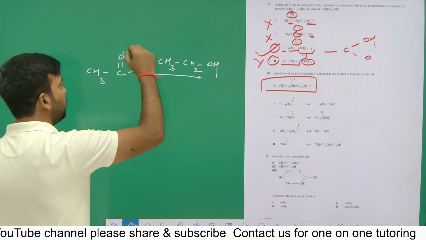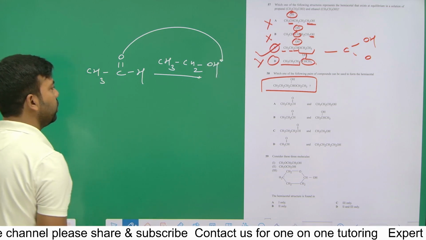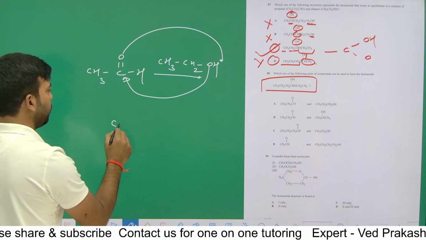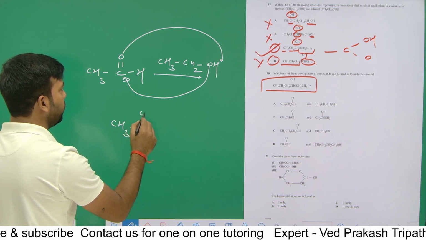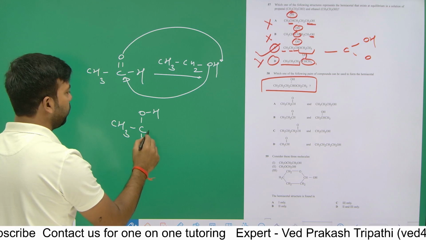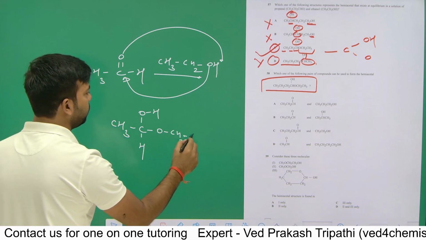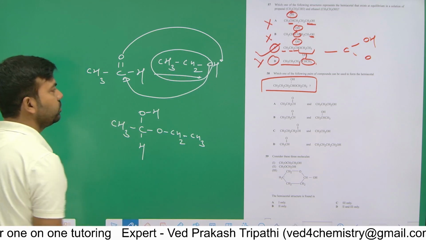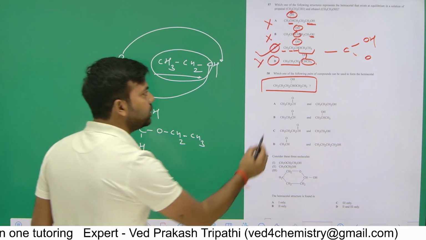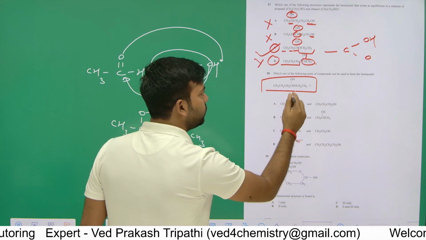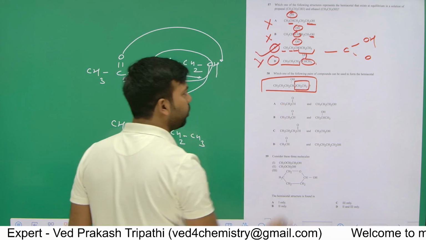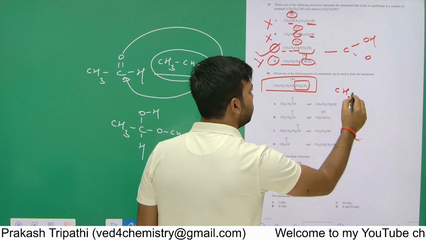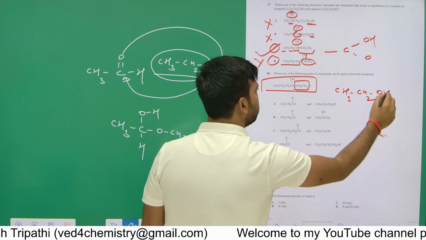You can see oxygen attacks this hydrogen, and this oxygen with this 2 carbon chain bonds to this carbon. As a result, CH3, CH, OH and oxygen with CH2CH3. You can see this oxygen with 2 carbons is a part of the alcohol molecule. Clear? So we can say the alcohol should be CH3CH2OH.